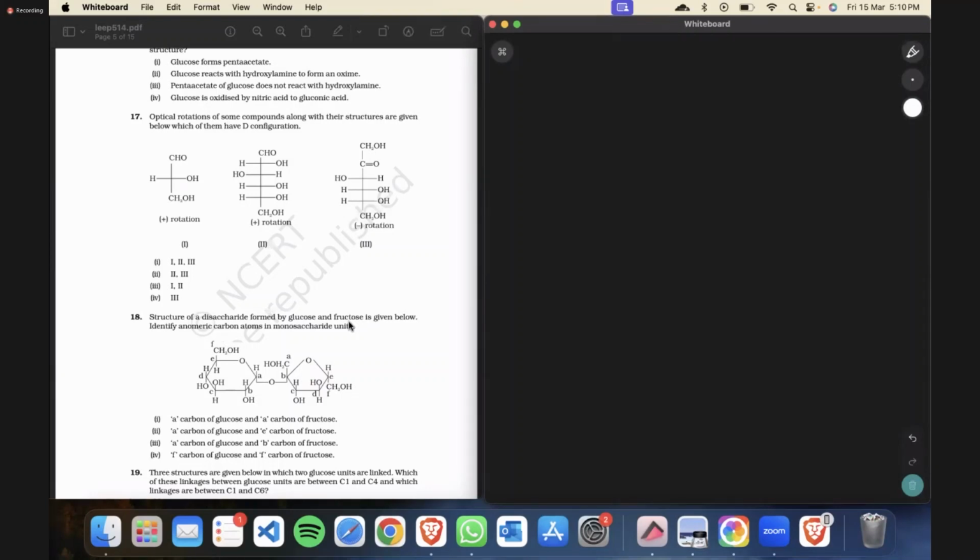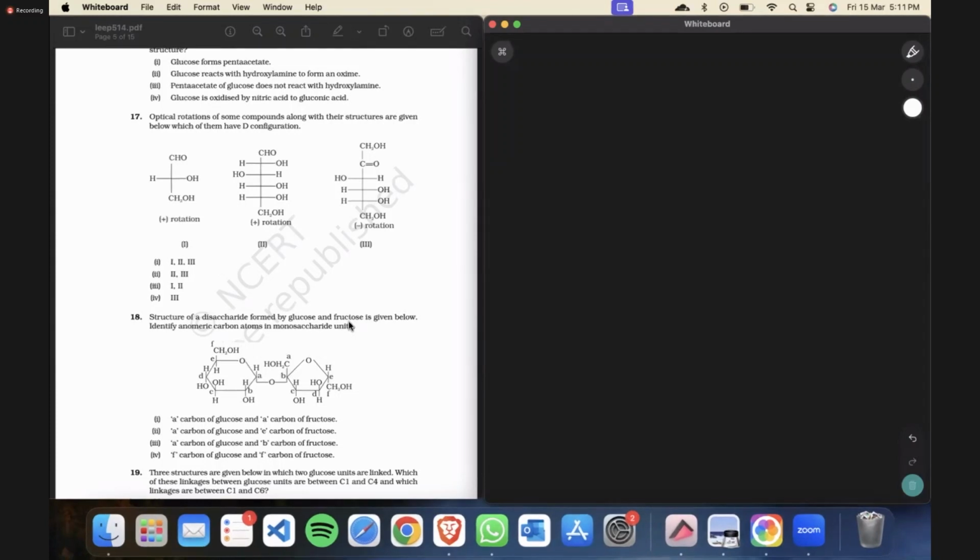First one, yes, it is. For D, what has to be there? In the lowest asymmetric carbon, the OH should be on the right side for it to be a D. So 1 is there, 2 is there, and 3 is there. So 1, 2, and 3. Option 1 is correct for this one. These all three will have D configuration.